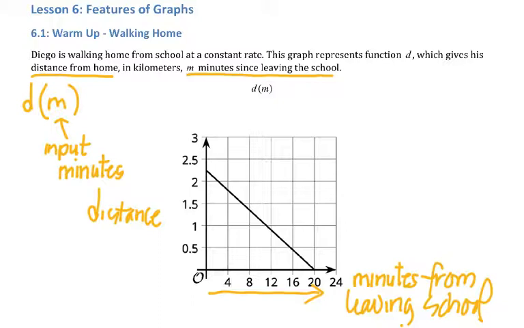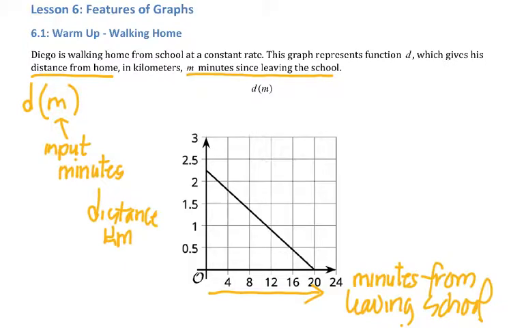So the distance is in kilometers. So that's what I know. And I'm noticing here that the graph starts way up here and goes down. These are just things I'm pointing out that I want to make sure that you're aware of and, in a sense, how to read it.